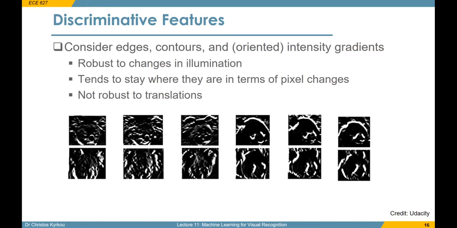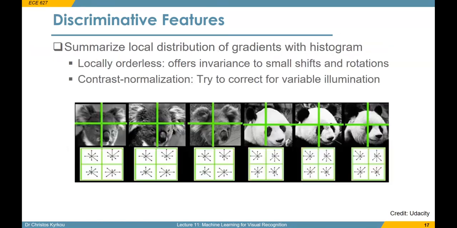Another feature that we can use is to compute histograms locally, what we call locally orderless histograms. Basically, we take a picture, we find the gradients, we break it into blocks, and for each block we build a different histogram.